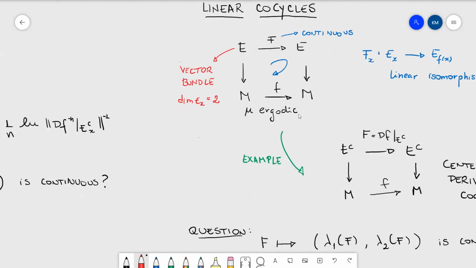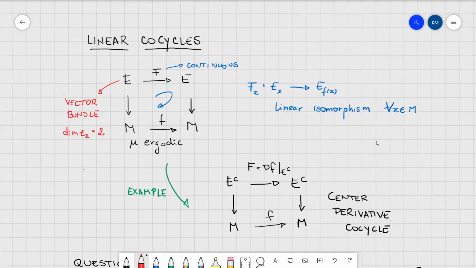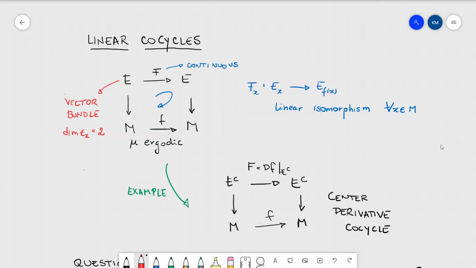So what I understand by a linear cocycle: it is going to be defined by two elements. The first one is this vector bundle. I'm taking the fiber to have dimension 2 because I fixed the center dimension equal to 2, and I'm going to take the derivative as an example of this linear cocycle.